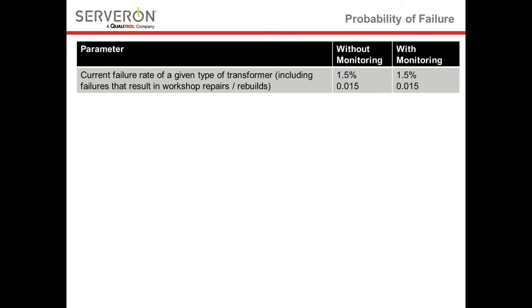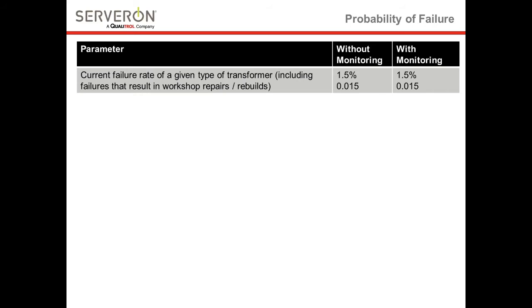So this is an example of calculating the probability of failure. Firstly, the probability in a population can be, as I said, anything between 0.5 and 3%, and here we're using 1.5%. So the current failure rate with and without monitoring is set at 1.5%, or 0.015.